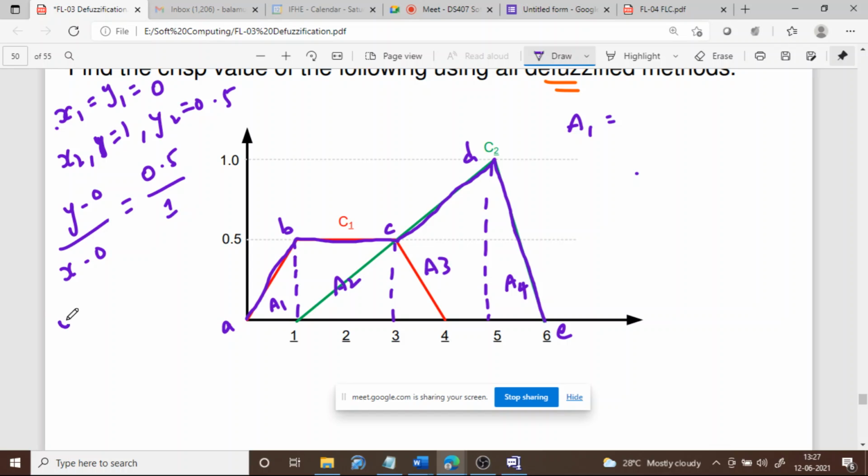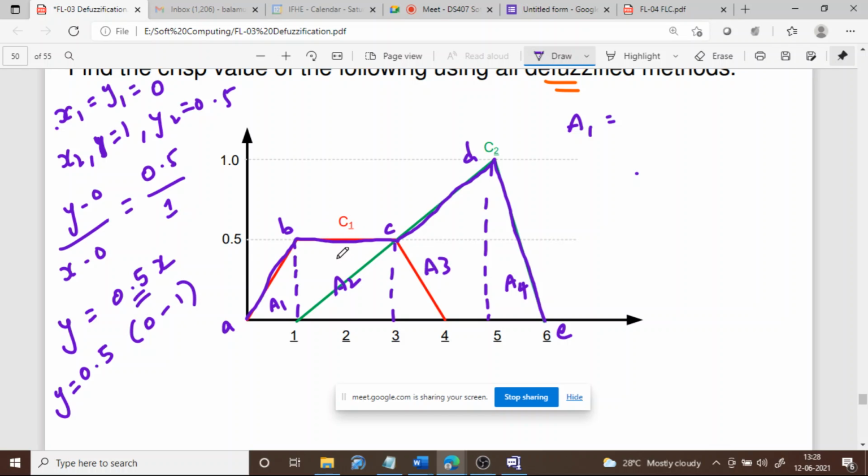So y is equal to 0.5 into x. This is applicable for which range of x? 0 to 1, good. So this is applicable for the range between 0 to 1.